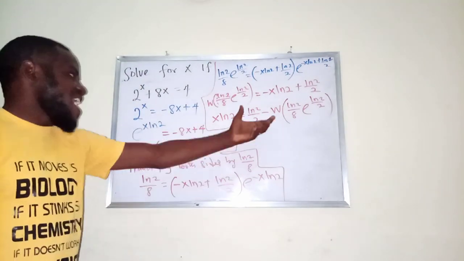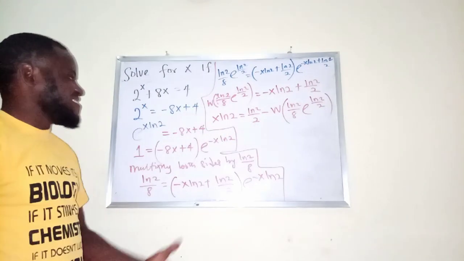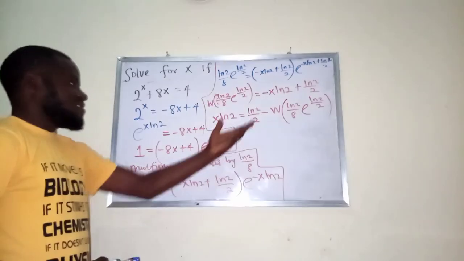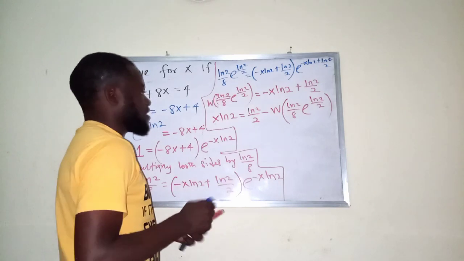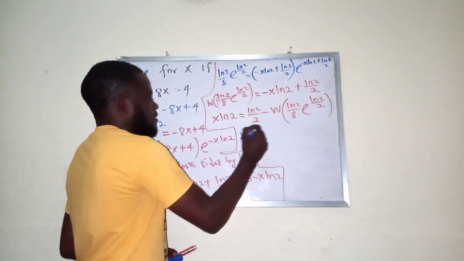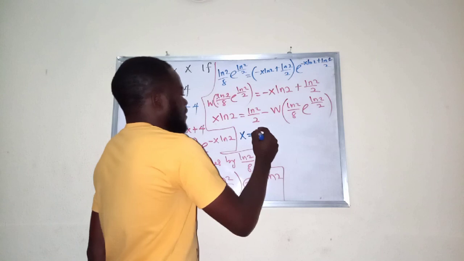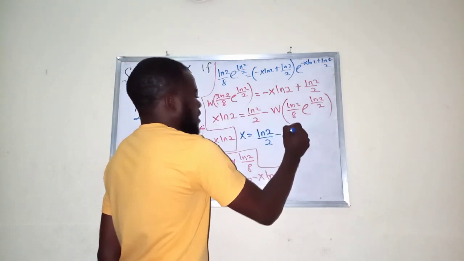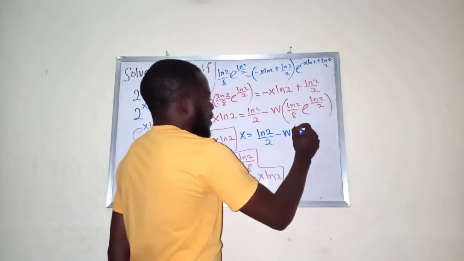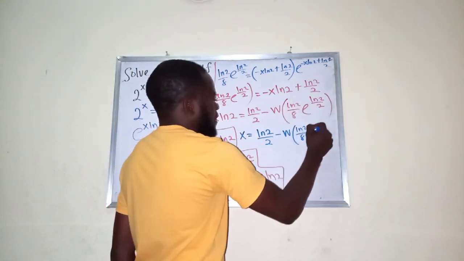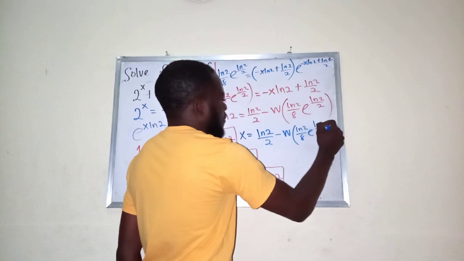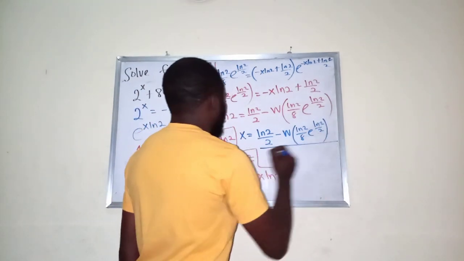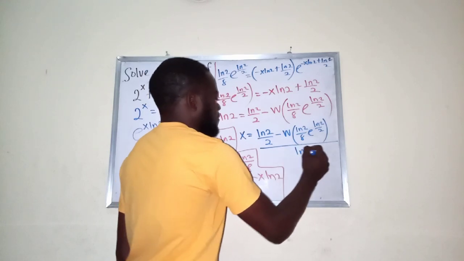So, you have seen what? x standing on its own already. So, this can then become x equal ln 2 over 2 minus W of ln 2 over 8 e raised to the power of ln 2 over 2, then all divided by ln 2.